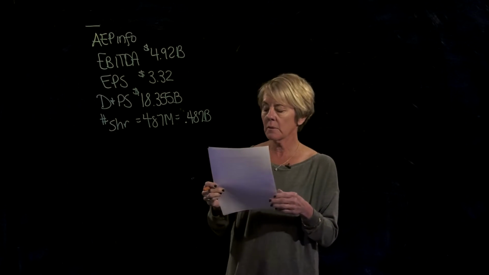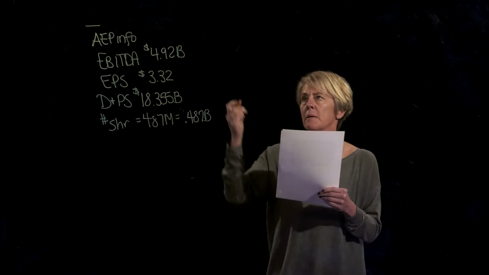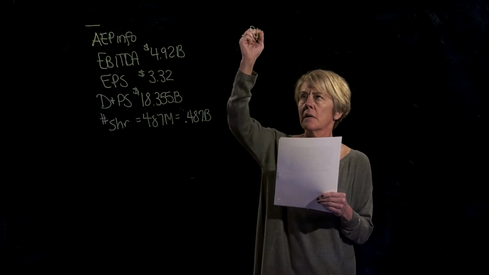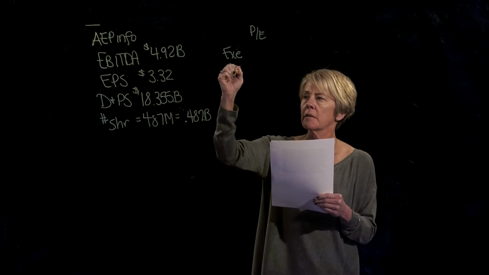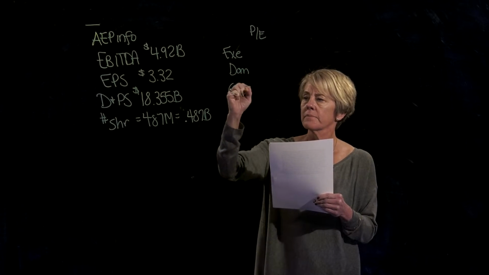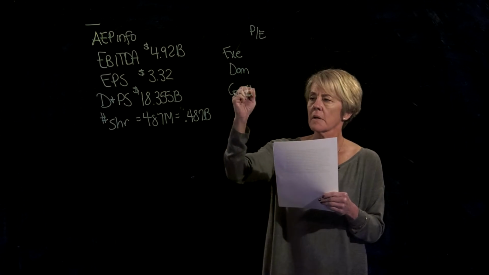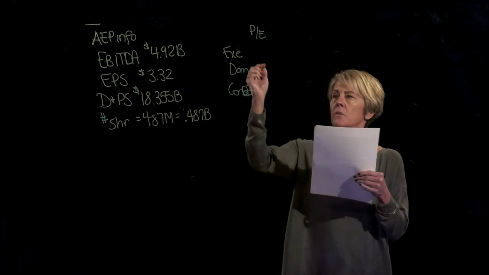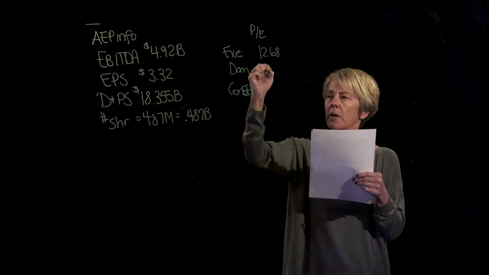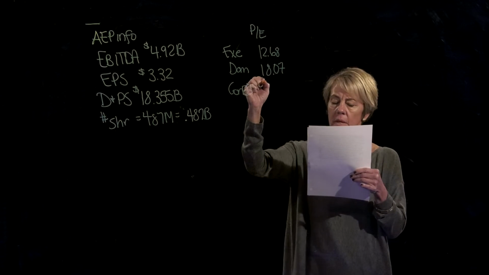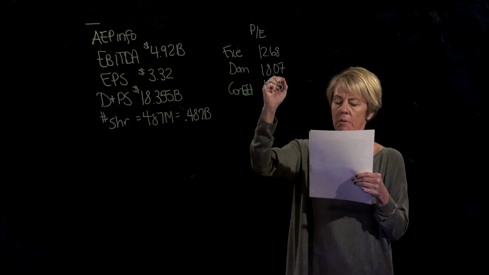Okay? So the first thing we want to do is look at the PE ratio of Exelon, Dominion, and Con Ed. And this is 12.68, 18.07, and 15.31.